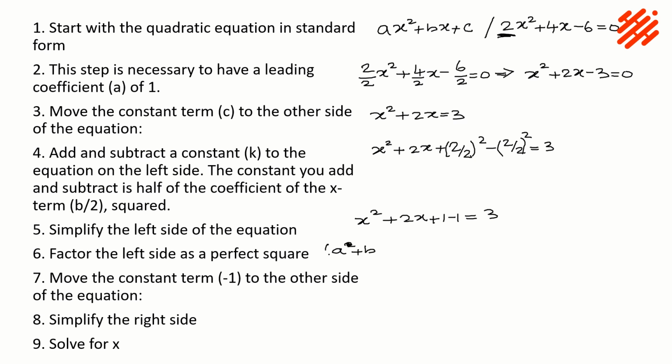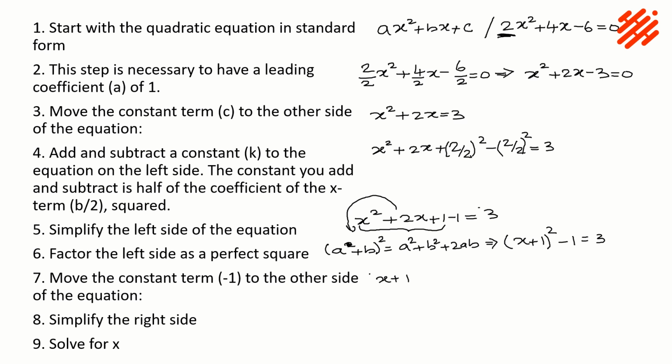We know that (a plus b) whole square equals a square plus b square plus 2ab, which implies, if you see our fifth step, x square plus 2x plus 1 resembles a square plus b square plus 2ab. So (a plus b) the whole square, that is (x plus 1) the whole square minus 1 equal to 3.